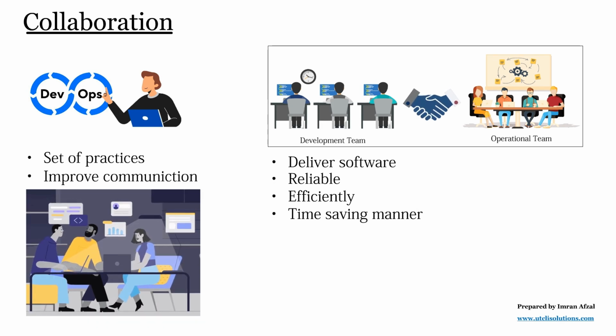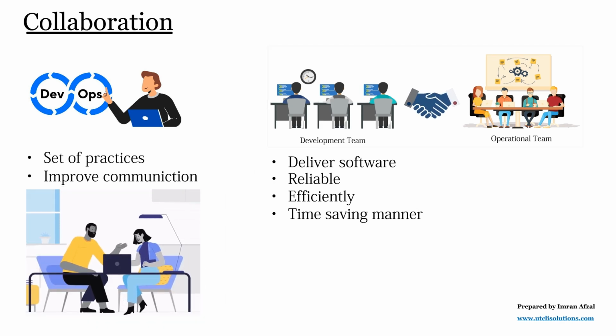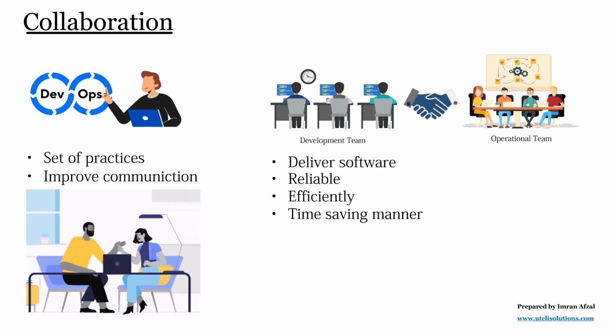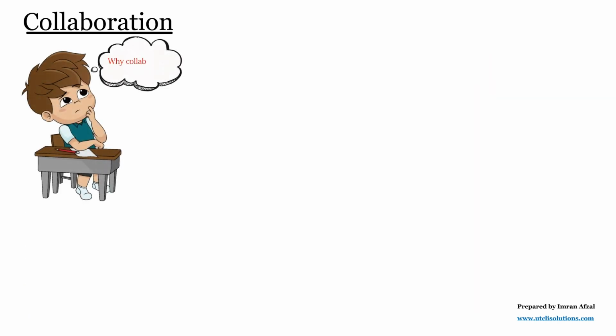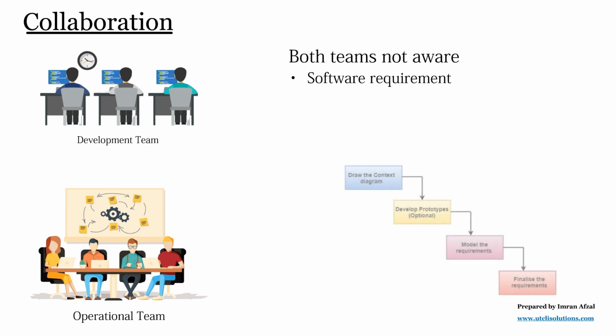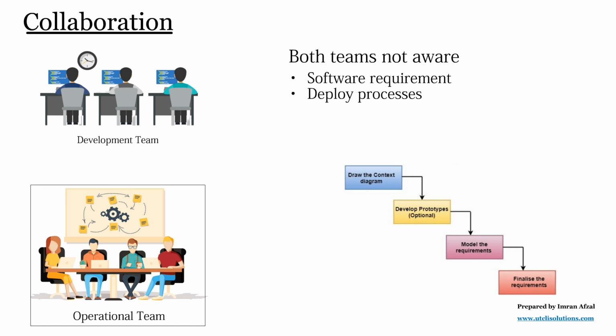Communication and collaboration are essential to ensure that everyone is aligned and working toward the same goal. You will be thinking why collaboration is so important and why DevOps was actually needed. Let me tell you that in pre-DevOps days, both development and IT operation teams used to work in isolated ways, and development teams were not aware of the requirements or processes needed to deploy an application, and the same was the case with operation teams.